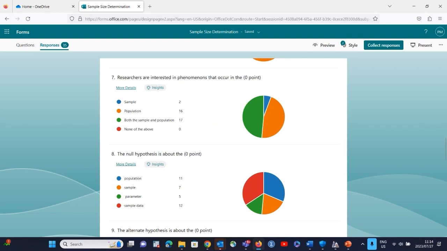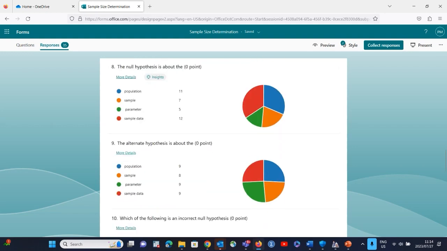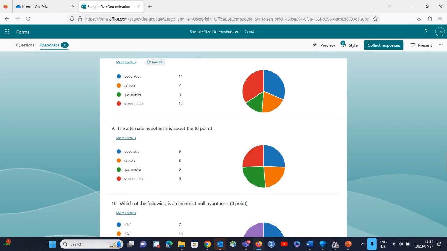And then the null hypothesis is about the population. If you said a parameter, I can also take that, because when we specify the null hypothesis, we will have a population parameter. Then the alternate hypothesis is about the same, because it's the opposite.